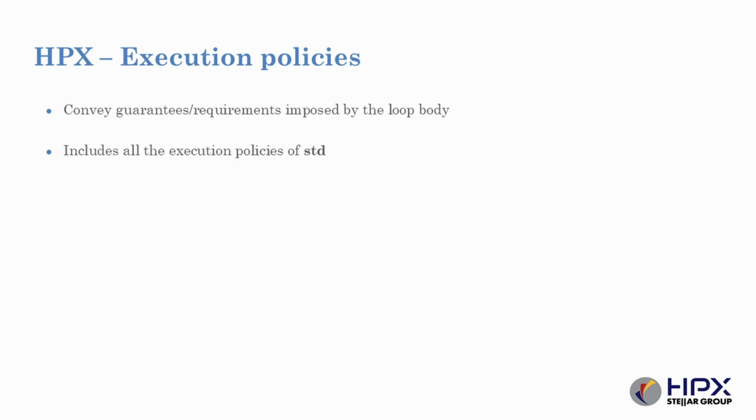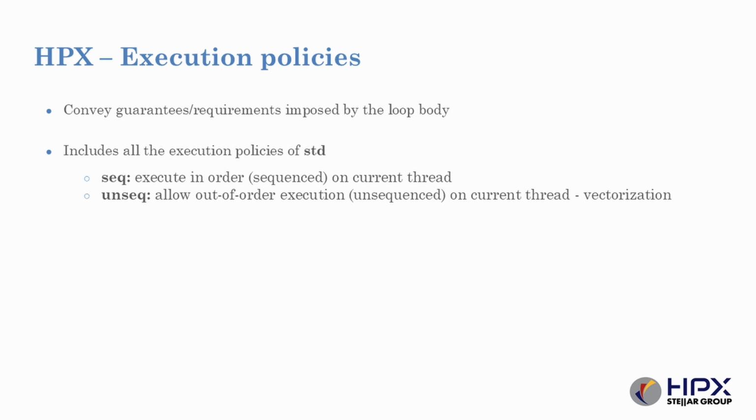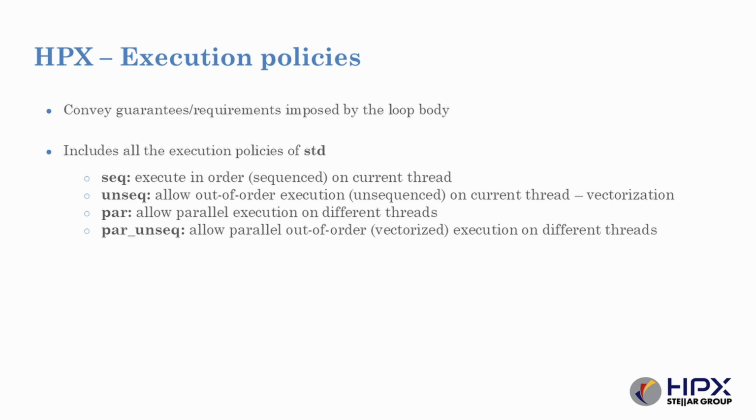HPX includes all the execution policies that the standard has, which are the sequenced policy, which means execute in order on the current thread; unsequenced, that allows out-of-order execution but on the current thread, which means vectorization; par, which is the one we used before and allows parallel execution on different threads; and parallel unsequenced, that allows parallel vectorized execution on different threads.